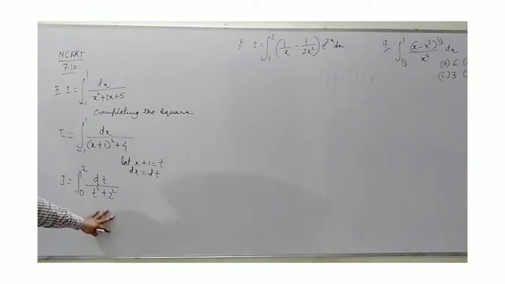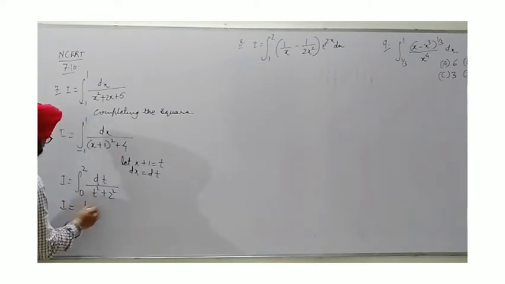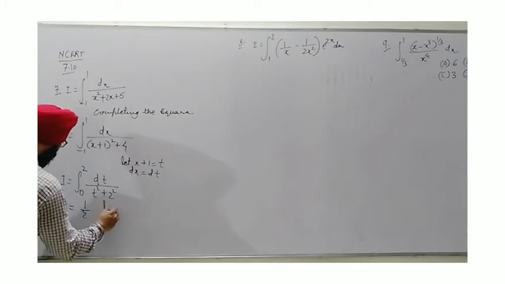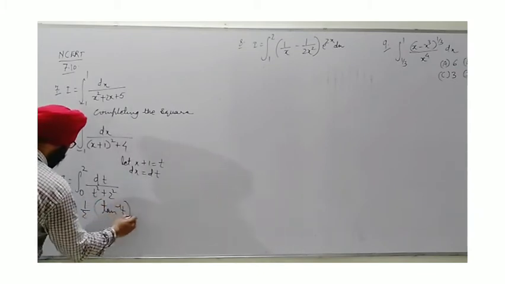Now, this is the identity of 1 upon x square plus a square. This will be 1 upon a, meaning 1 upon 2, tan inverse of t upon a, meaning t upon 2, with limits 0 to 2.